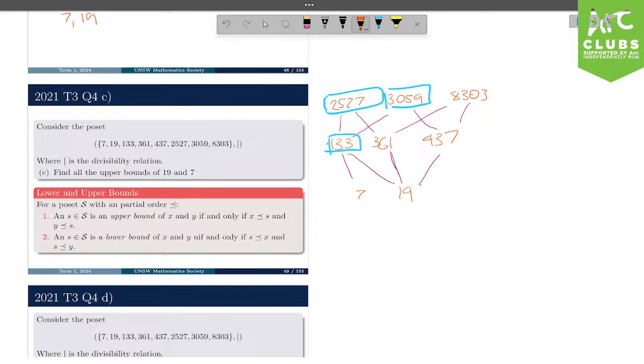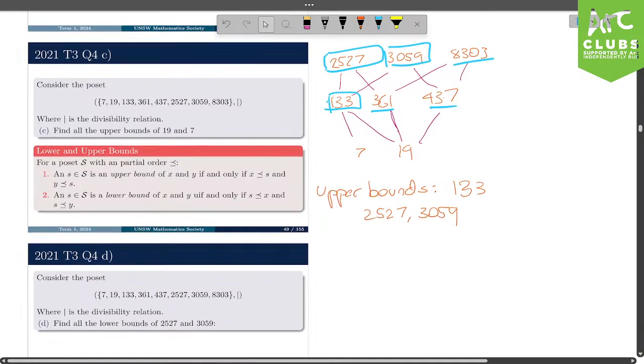But for all these other elements, here, here, and here, they are not multiples of 7, so they can't be upper bounds of 7. So our upper bounds are 133, 2,527, and 3,059.